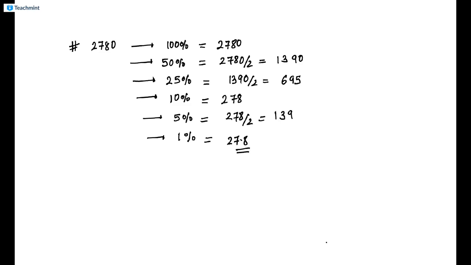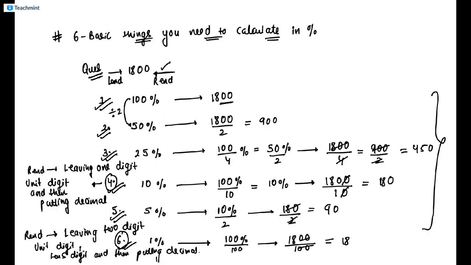I hope now, till now, this six basic method that I told you has been clear to all of you, how to solve using these things. Now I will show you how you will apply this concept in some questions for faster calculation, because you are solving for quantitative aptitude.